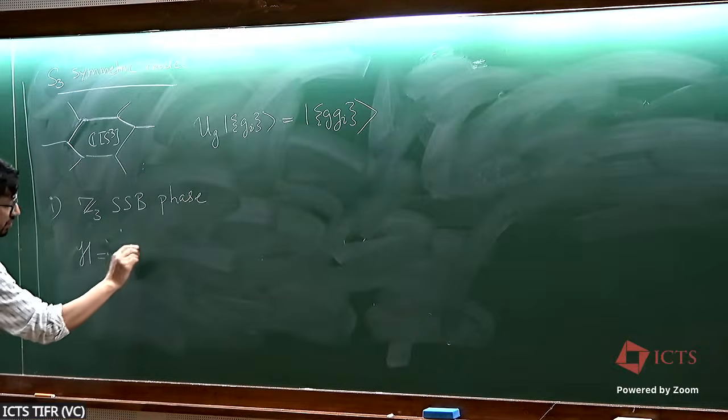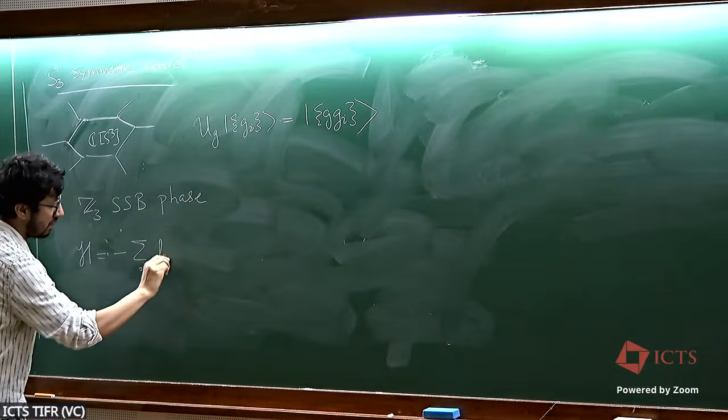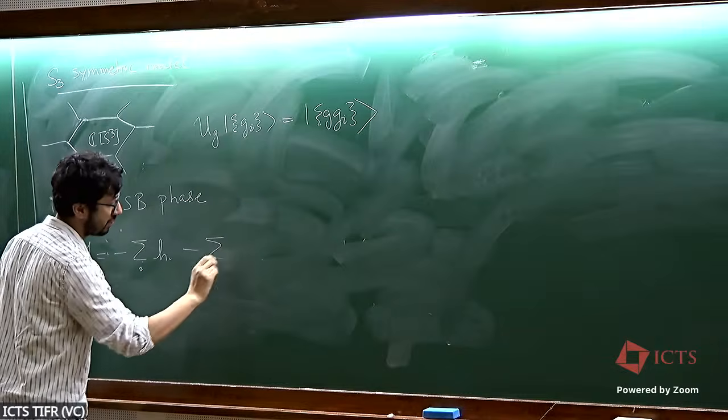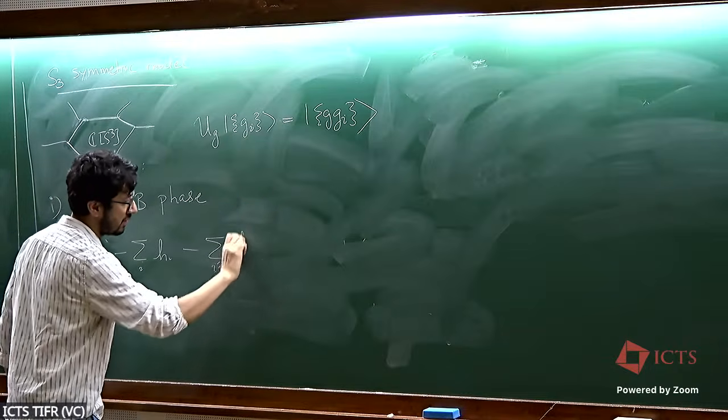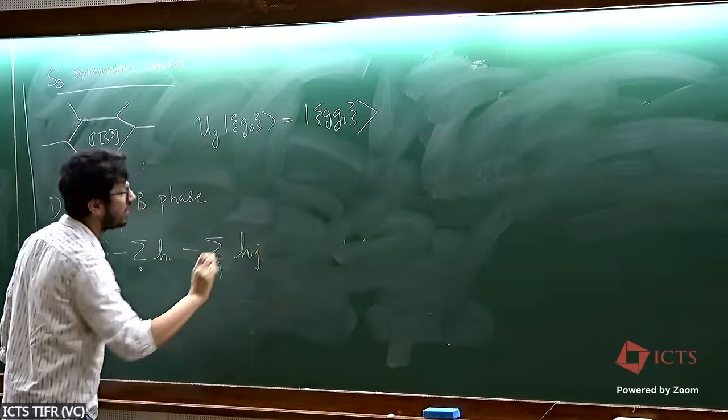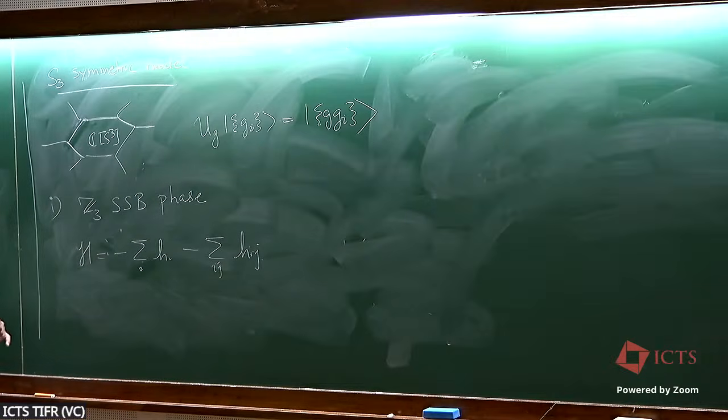The Hamiltonian looks like the sum of terms on plaquettes and terms on edges. I should say I'm using the same presentation for S3 as I did last time.